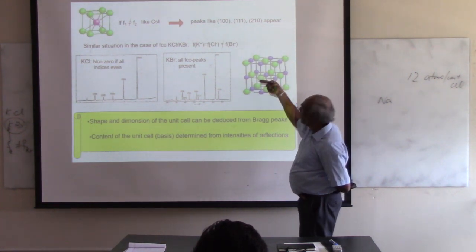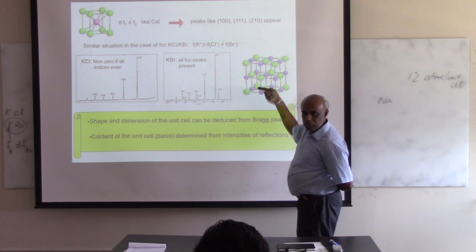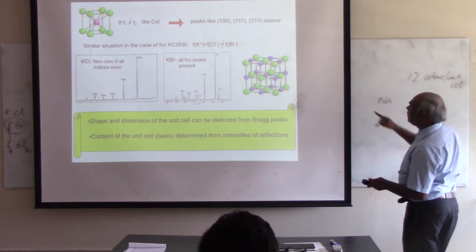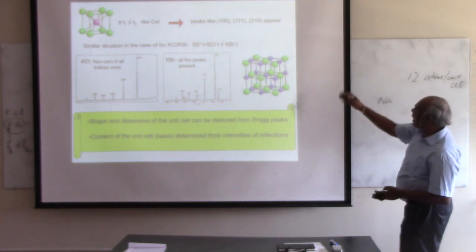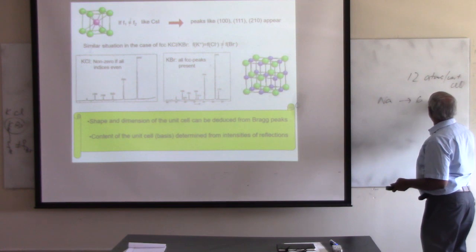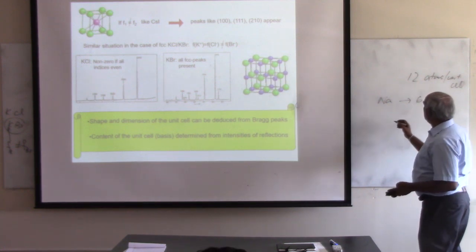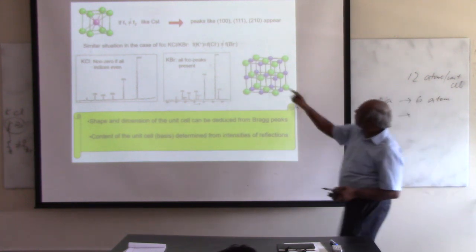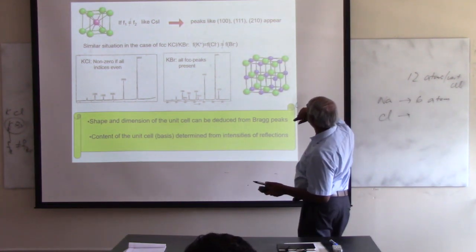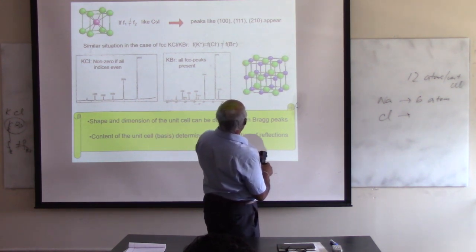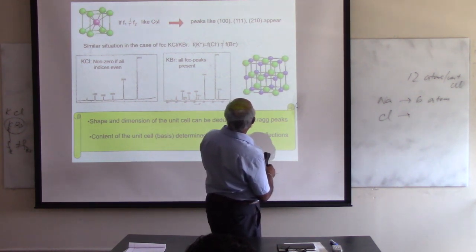So that means you have 12 lines there. You don't have to consider both sides, right? You have 6 atoms for sodium. For chlorine, no, I'm making a mistake here. No, that's fine, yeah. Chlorine, then, sorry.